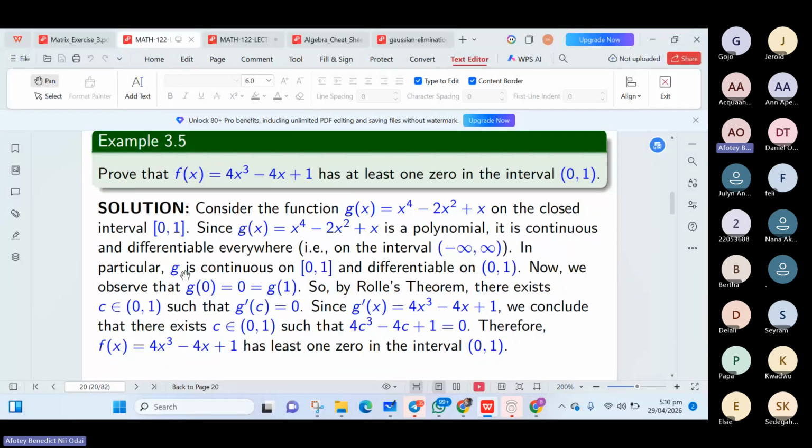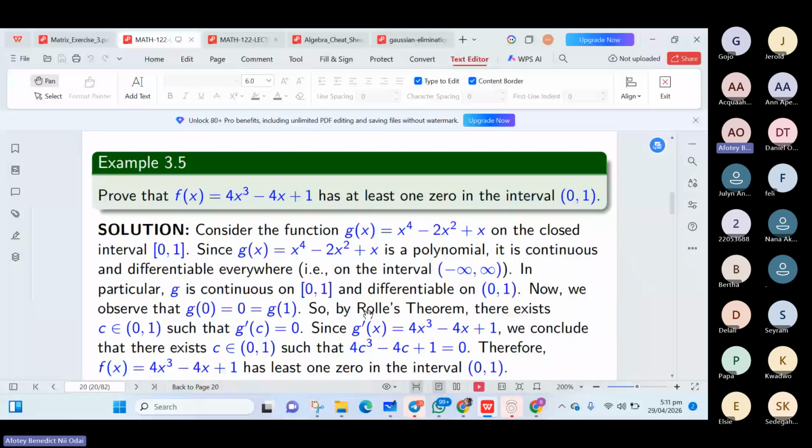G is continuous on 0 and 1 and differentiable on 0 and 1. Now we observe that g of 0 is equal to g of 1. So therefore, by Rolle's theorem, there exists a number in the interval such that g prime is equal to 0.